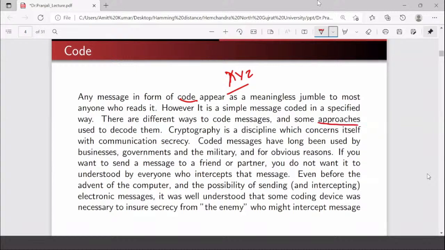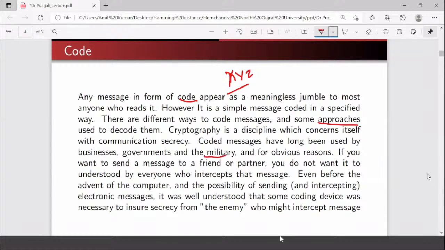So cryptography is basically a discipline where we are dealing with communication secrecy. In fact, codes have been used since long by businessmen, government, and military for obvious reasons.